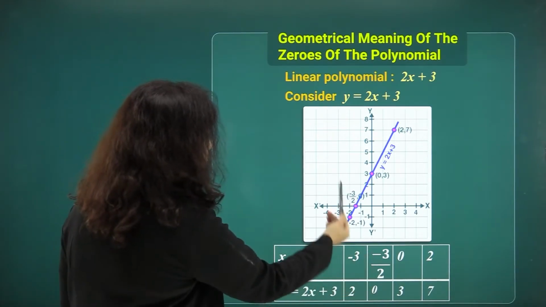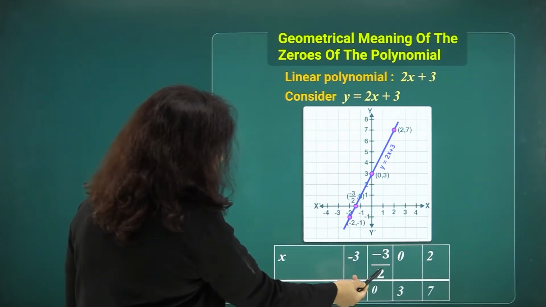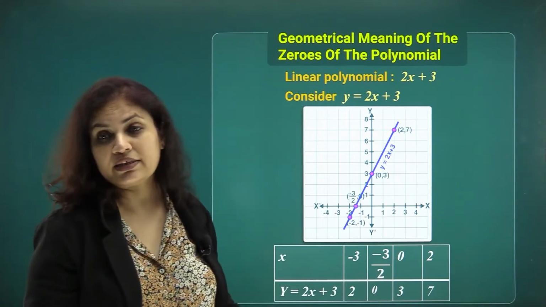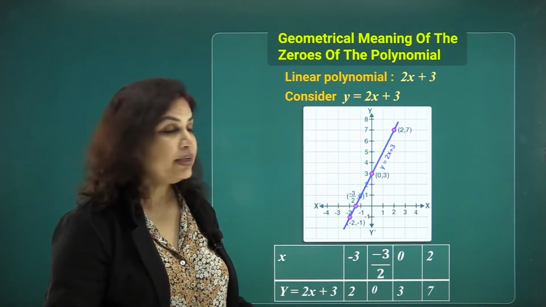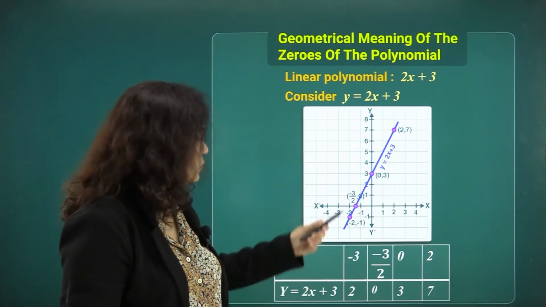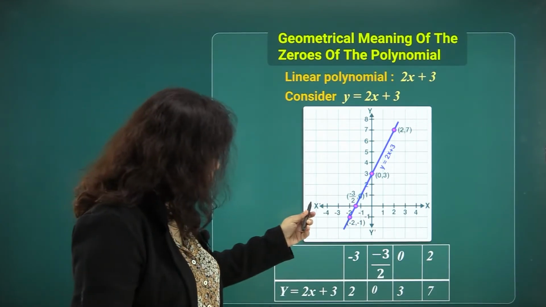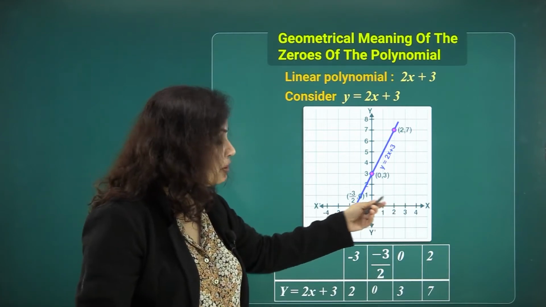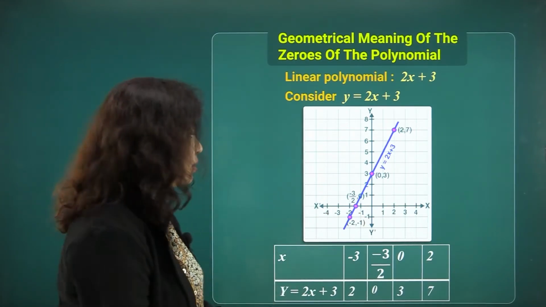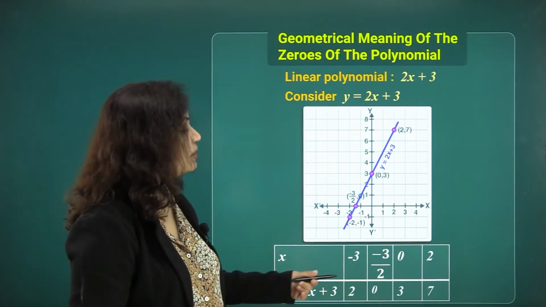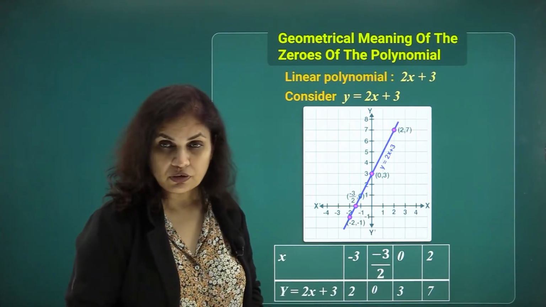And we know putting x equal to minus 3 upon 2 has given y equal to 0, and y is nothing but my linear polynomial. So, clearly from the graph, that value of x which will make y equal to 0, or a point on the x-axis intersected by the graph, will give me the 0 of the polynomial.